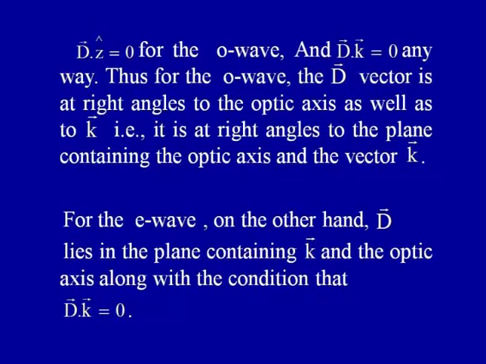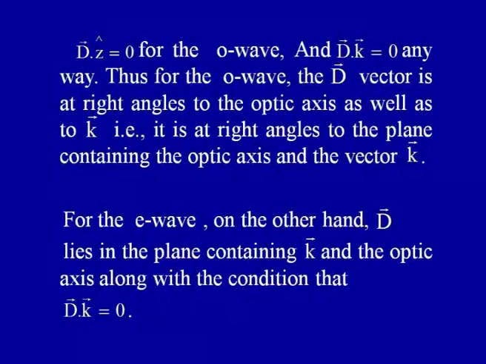If we assume the z axis to be parallel to the optic axis, then D dot z will be equal to 0 for the O wave. On top of this, D dot k is 0 anyway. Thus, for the ordinary wave, the D vector, that is the direction of vibration, is at right angles to the optic axis as well as to k.